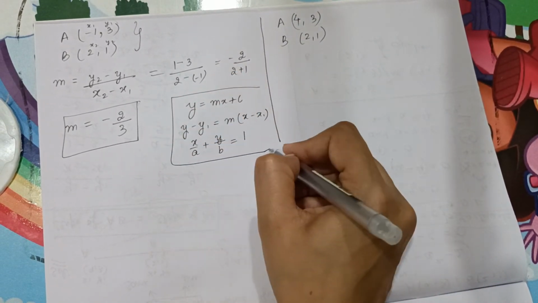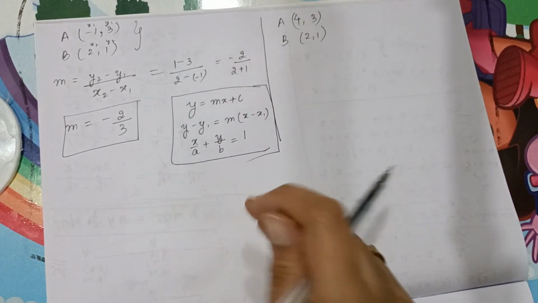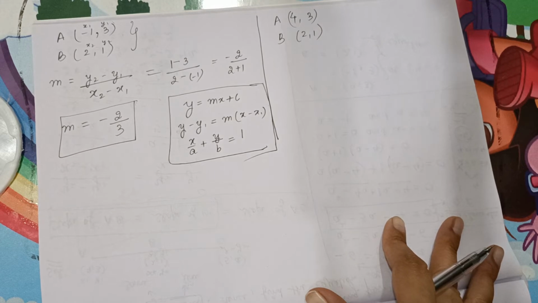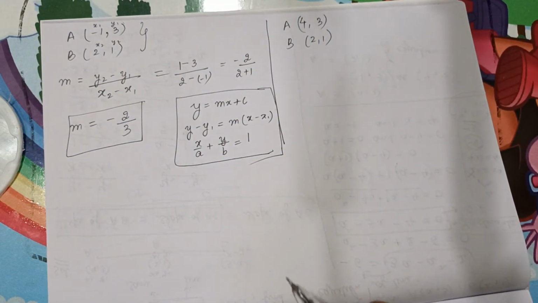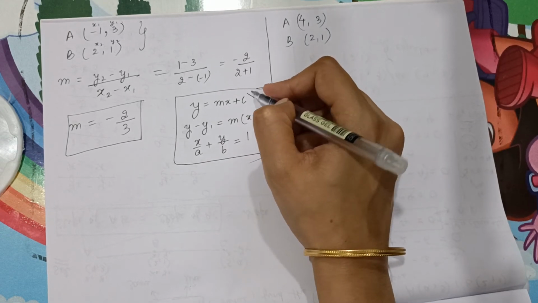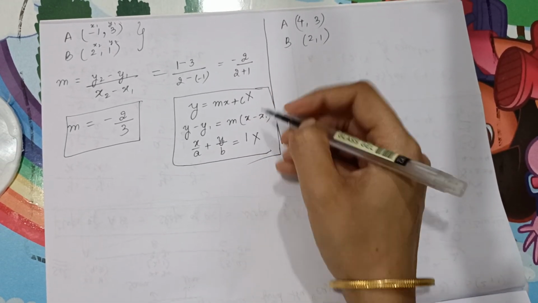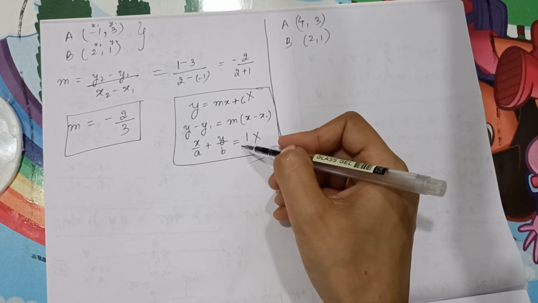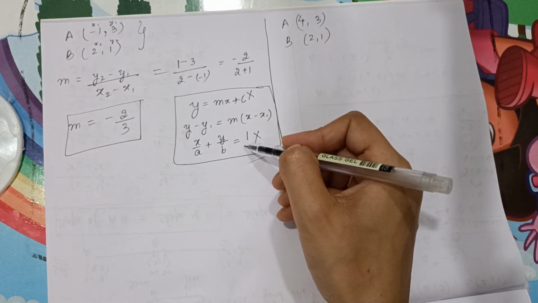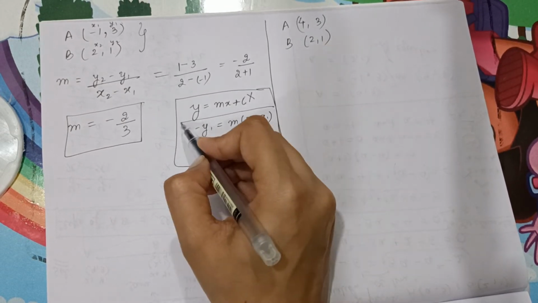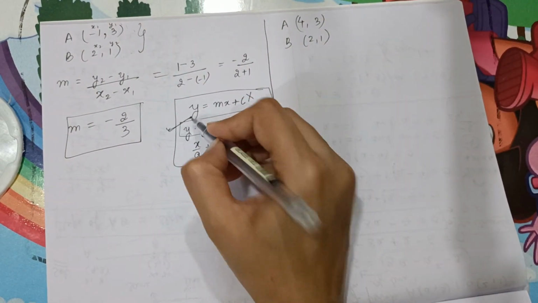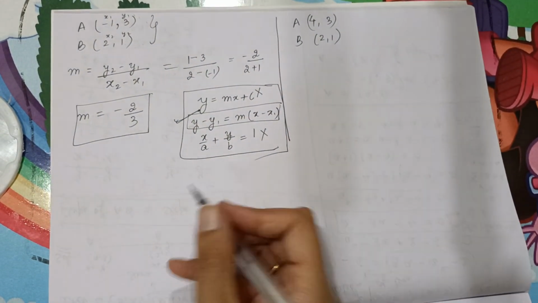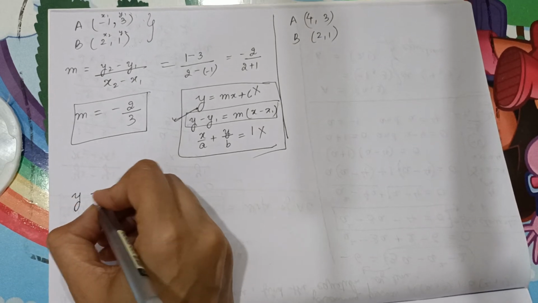These are the three forms of equations of line. This I have already discussed in the introductory video. Now you have to choose which form we can use. See, we don't have intercepts, because the first form also has intercepts, the third form also has intercepts. We have coordinates of both the points, so that means this form we can use. It's very easy. I'll just rewrite the form.